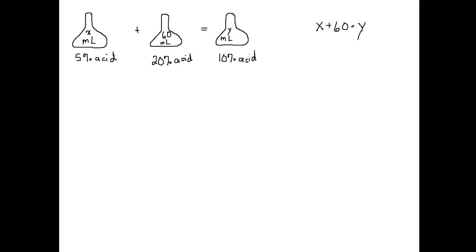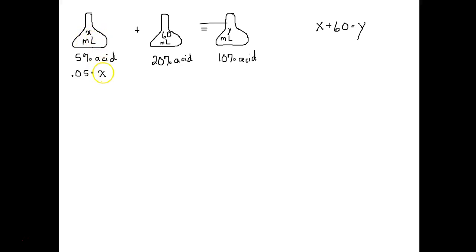But we also have that the first one has a concentration of 5% acid. So 5% of whatever's in there is acid. So if you take 0.05 for 5% times the X milliliters, that would tell you how much acid's actually in that solution.